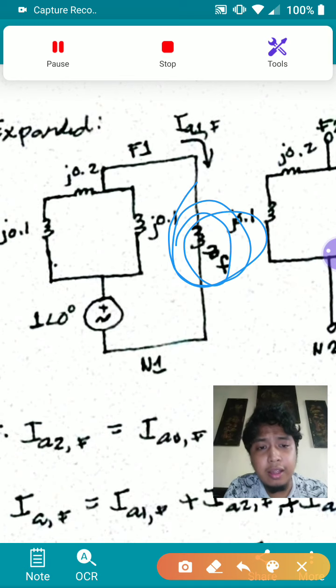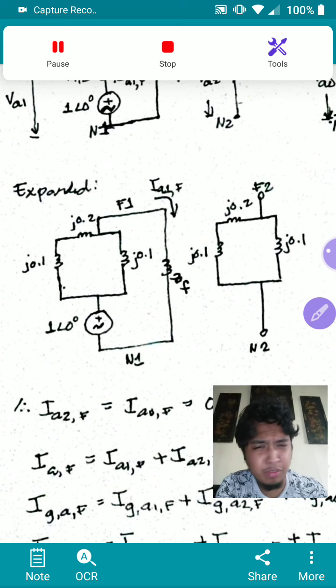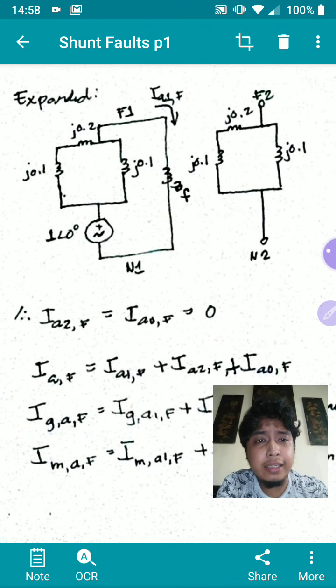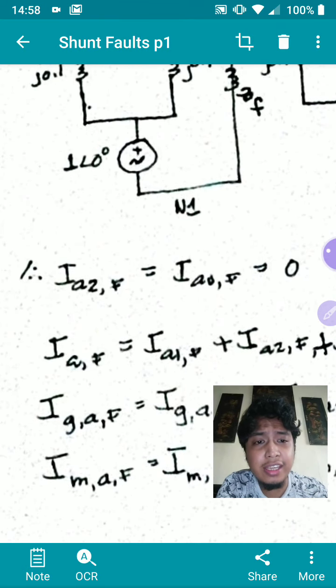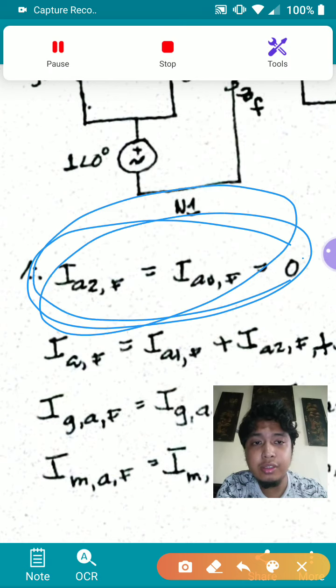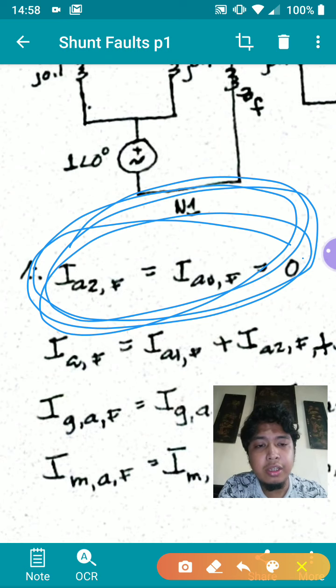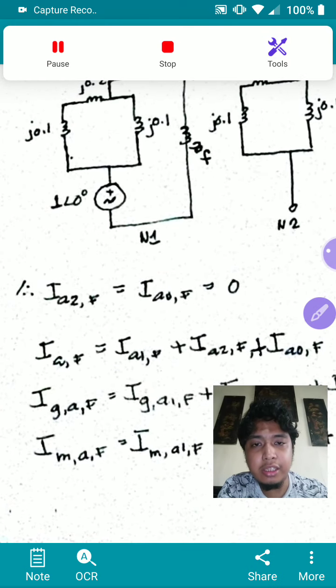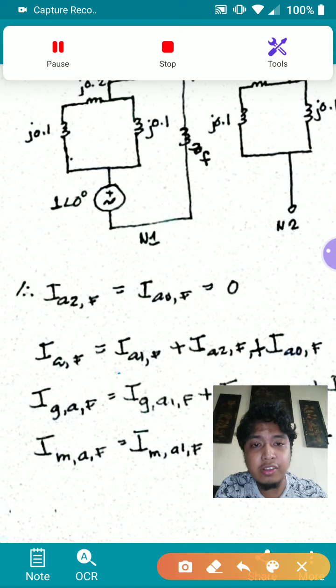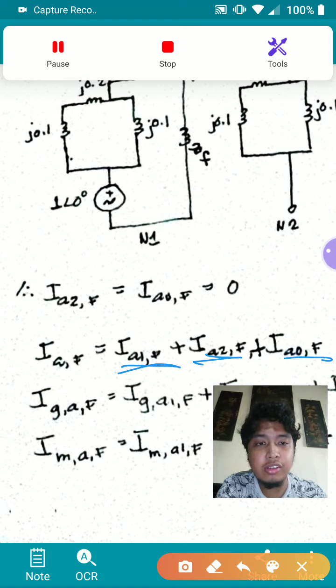This expanded form actually tells me a lot about the system. As you can see, again, my negative sequence and zero sequence are zeros, so they don't have any value. If I compute for the fault current, it's basically the sum of the three: the positive sequence, the negative sequence, and the zero sequence.